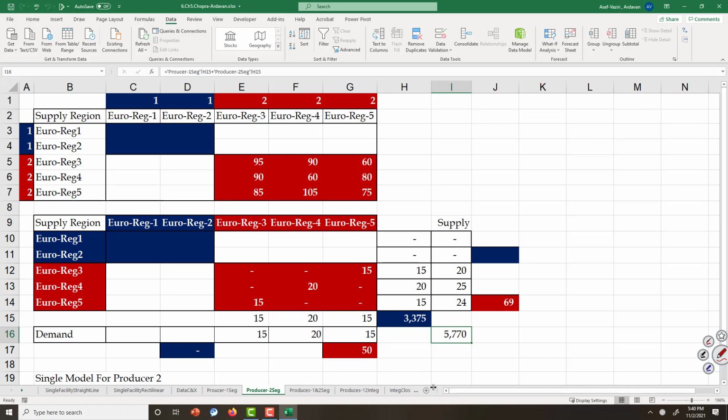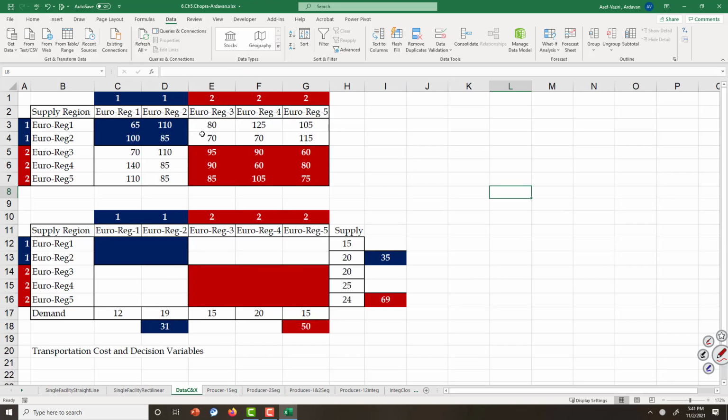$1,000, $1 million, whatsoever. Could we find the optimal solution for these two entirely separate firms in one table? When we first introduced the problem, we said red firm operates here and blue firm operates here. Blue firm serve these two markets by these two plants, and red firm serve these three markets with these three plants.